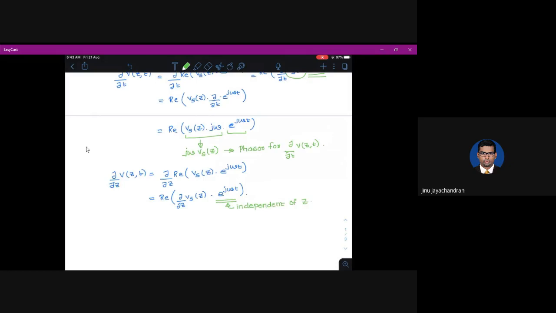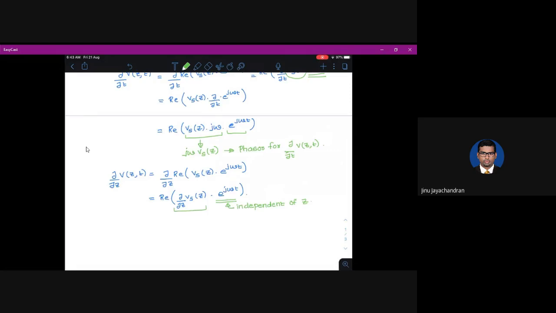But you don't know how Vs of z will vary. Okay. So it will have some kind of a variation. You don't know whether the V plus term has a dependency with z. So we are not assuming any kind of dependency or variation, we are doing a generalization because of which you cannot directly differentiate this.